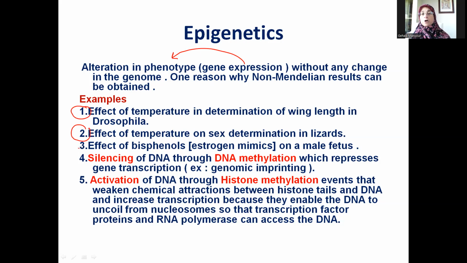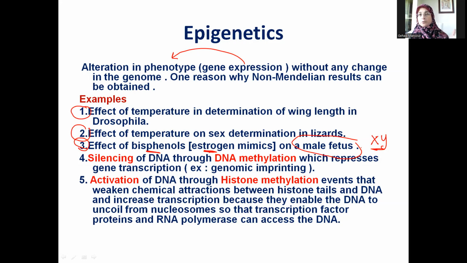And then we also have the effect of bisphenols, for example. As you know, bisphenols are mimics of estrogen on a male fetus. We have said that if a male is a normal male having the chromosomal structure XY, and if the mom is exposed to bisphenols excessively during pregnancy, the presence of bisphenols around the cells of the male fetus will affect not the genome of the male fetus, meaning that the XY in every somatic cell will stay XY.